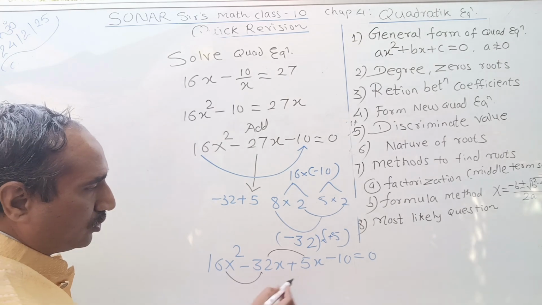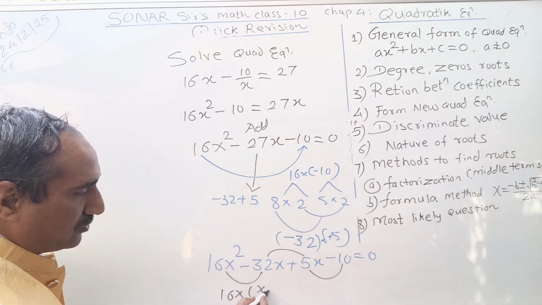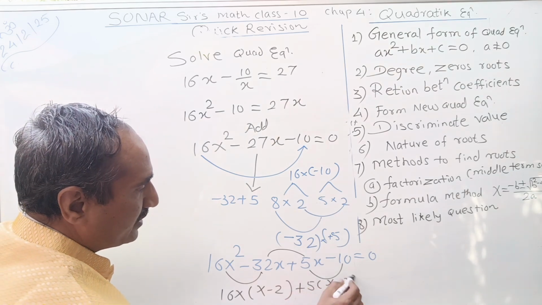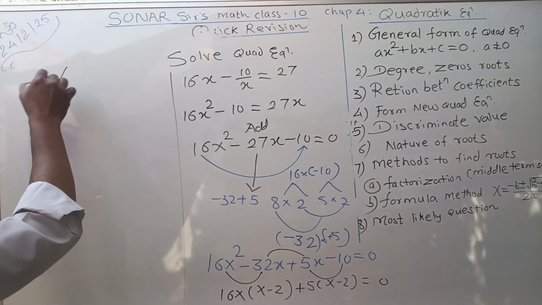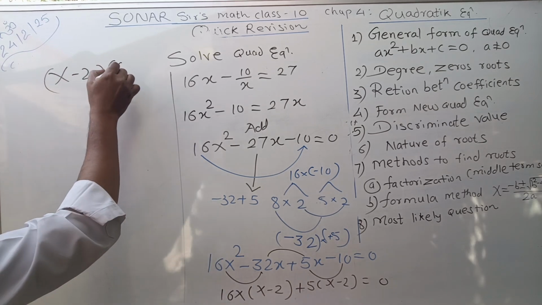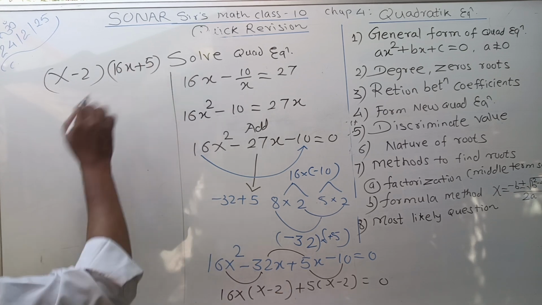Now we'll take the common. Here we can take 16x common, so x minus 2. Here we can take 5 common, so x minus 2. So we got the zeros as x minus 2 into one bracket, and 16x plus 5 into another bracket.